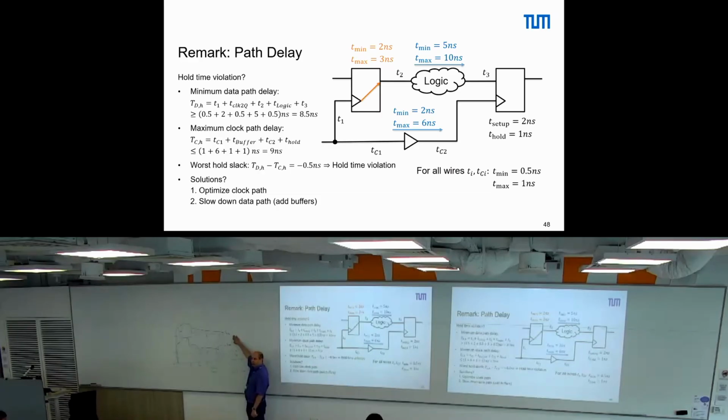Because what we now have to compare is the fastest data path with the slowest clock path.